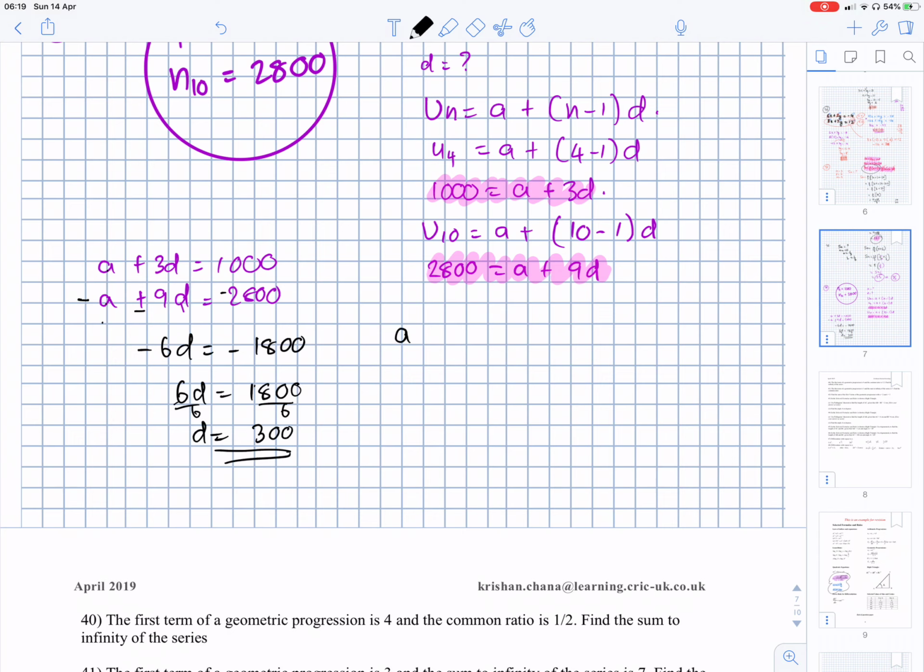Okay, so that means a equals 1000 minus 3d, if we take that equation. So a equals 1000 minus 3 times 300, which is 1000 minus 900. So a equals 100. And we can test this by putting them into one of the equations.